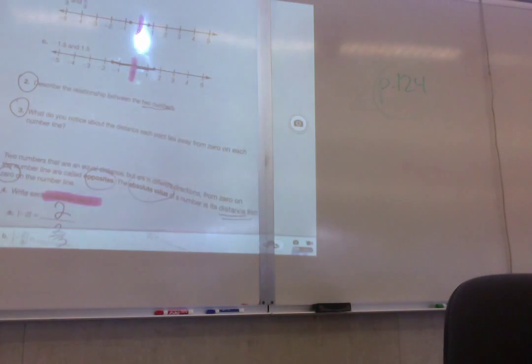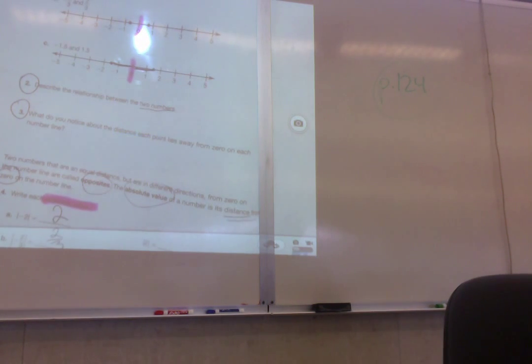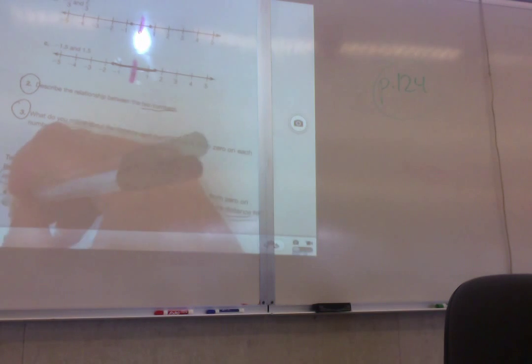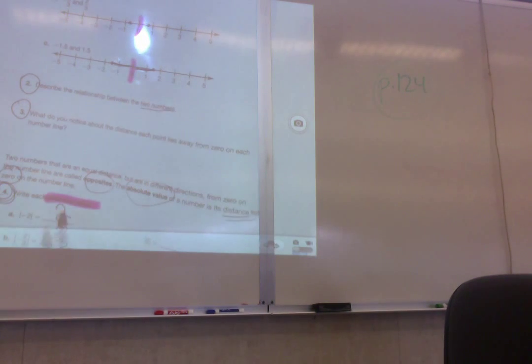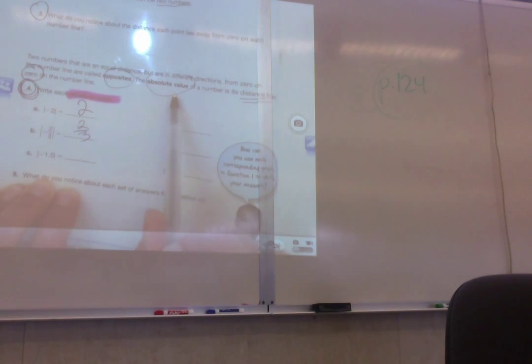Okay, quiet please. So absolute value is what we're looking at here in number 4, and by definition it's how far you are from 0 on a number line.